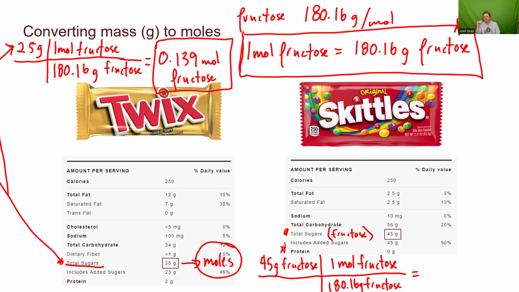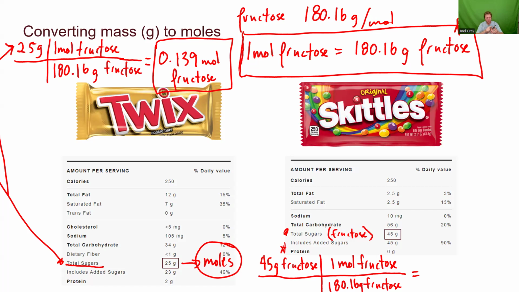Let's just say $180. 180 fructose dollars is 1 mole of fructose dollars. Okay? How many fructose dollars does Skittles have? 45. Is 45 fructose dollars less than 180 fructose dollars? Yes, it is. So now I've got an expectation that I'm going to have less than 1 mole of fructose. Okay, if the dollars thing didn't work and 180 and 45 works for you, grams, perfect.